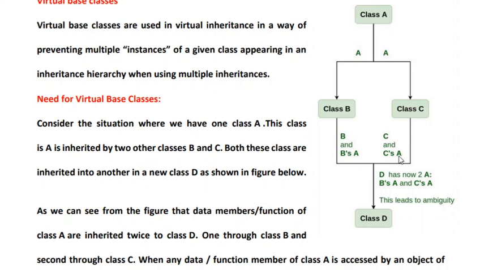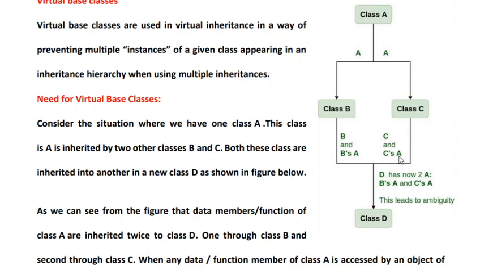Now when class D is derived from B and C, what will D have? D will have the properties of B and C both, wherein B has the property of itself and the property of A, as well as C has the property of itself and the property of A. That means whenever class D is derived from B and C, there will be a single instance of B, a single instance of C, and two instances of A. Now this will result in an ambiguity or confusion, right?